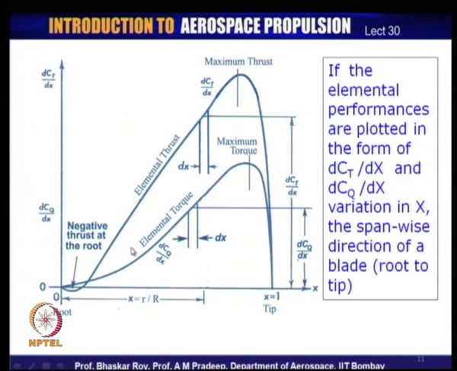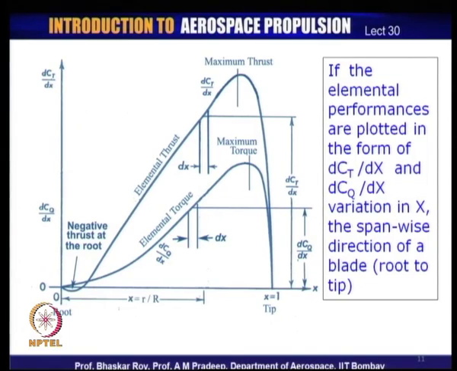And of course, as you can see, the maximum thrust and torque typically occur on the outer half of the propeller blade, and the lower half is actually less contributory to the thrust, and of course, it also consumes less torque. And towards the root of the propeller, you could see that it could actually be creating negative thrust, because that is the portion which is often not properly aerodynamically shaped.